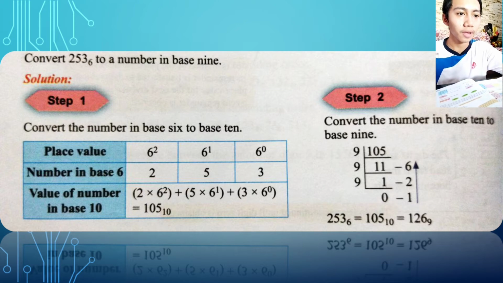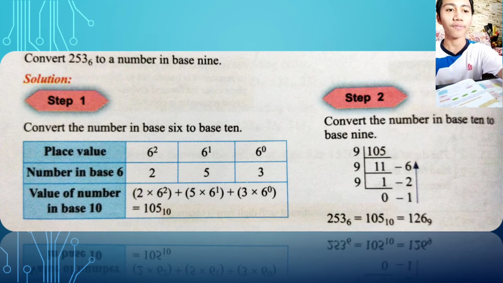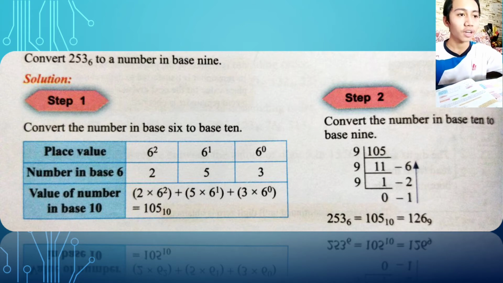So we multiply each number together, and then we must get the value of number in base 10. After multiply and adding it together, we get 105 base 10. So this is the first step. Then we will go to the second step, which is convert the number in base 10 to base 9.